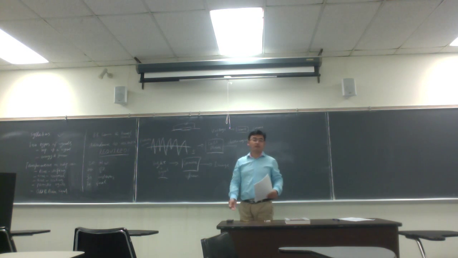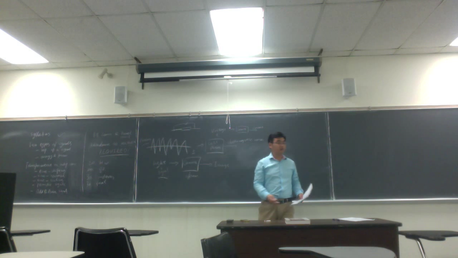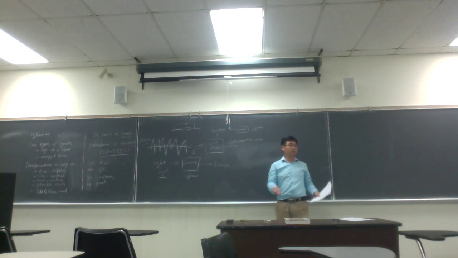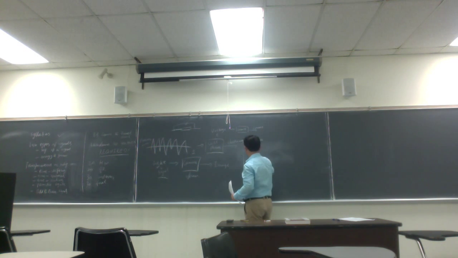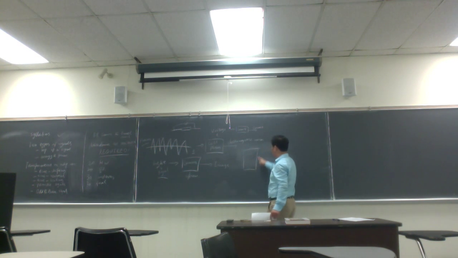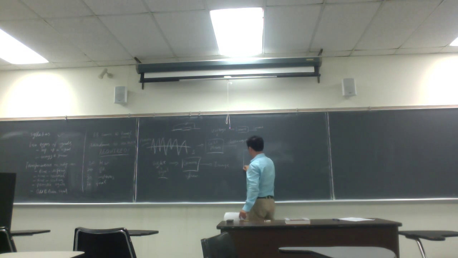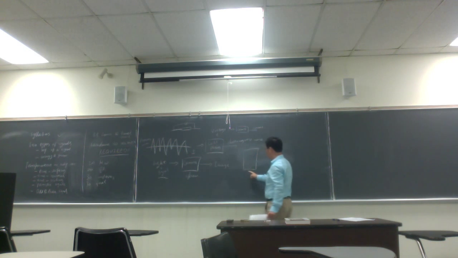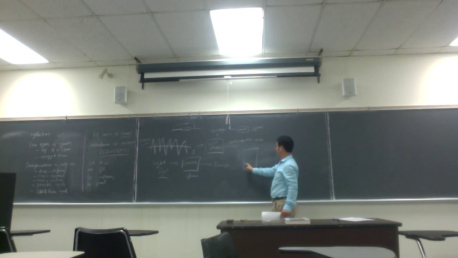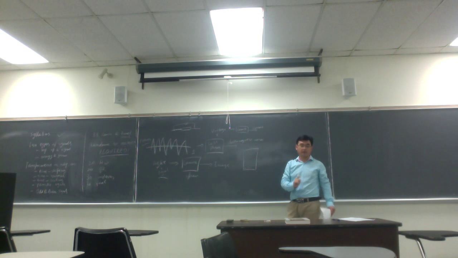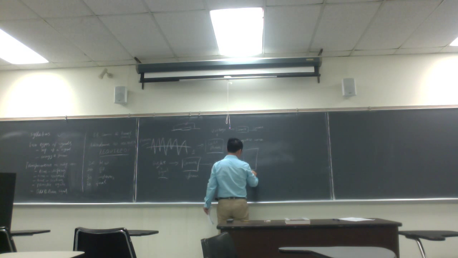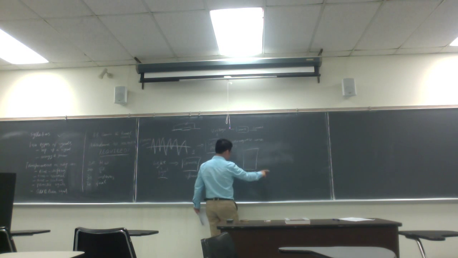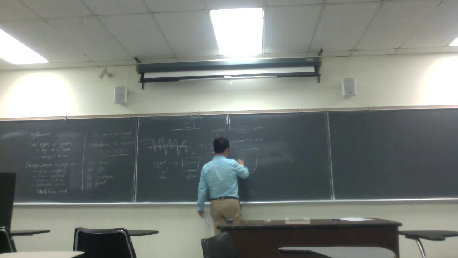But in some cases, we could have a function of multi-dimensional variables. Like in image processing, we could have a 2D image, and the brightness on the pixels of this image could be viewed as a signal. So you have a horizontal dimension and a vertical dimension.